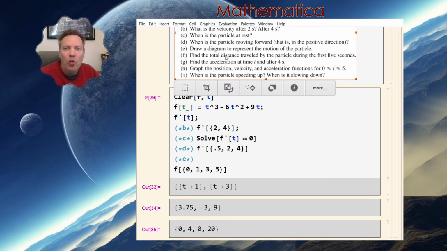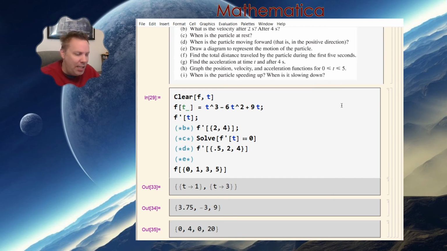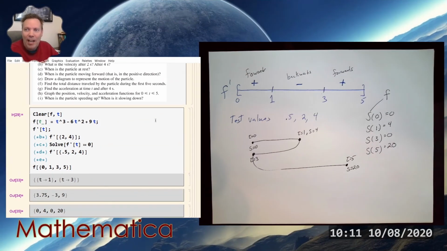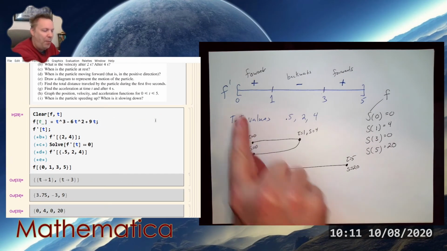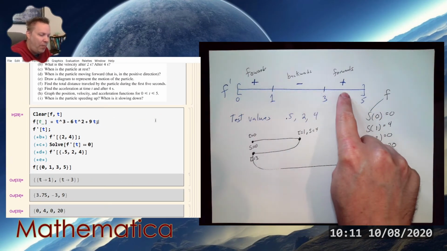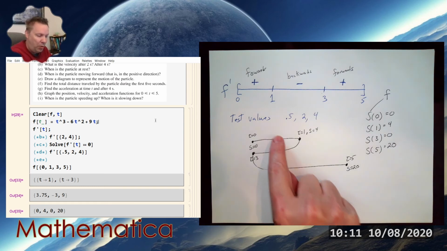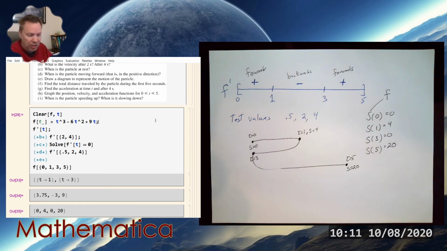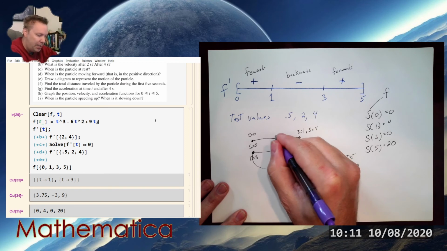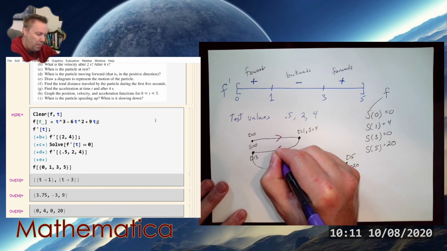Part F, the total distance traveled by the particle. Well, the way I need to do that, I have this trip that I have in 3 parts. I have a forwards part, a backwards part, and a forwards part again. Forwards, backwards, forwards. Let me label that on here a little bit nicer.